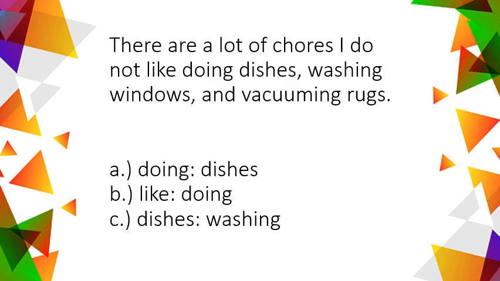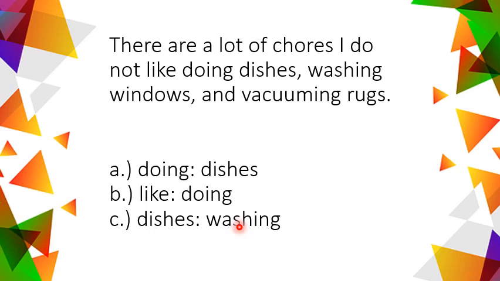The next example is: there are a lot of chores I do not like doing: dishes, washing windows, and vacuuming rugs. Now here you can check which option is suitable for this statement. Option A is doing colon dishes. Option B is like colon doing. Option C is dishes colon washing.